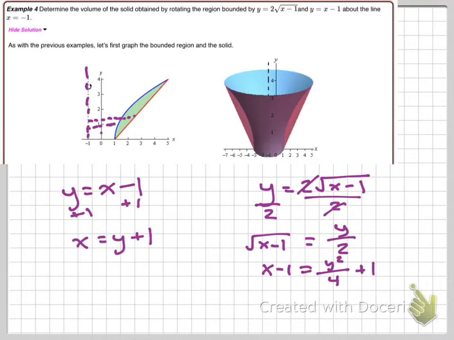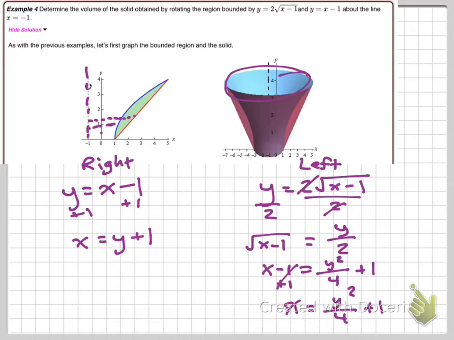Plus 1 to both sides. That's just going to cancel there. So x equals y squared over 4 plus 1. So this would be my right equation. Then I'll subtract my left one from my right one. It's going to give me this function looking here where I'm rotating it about this axis, x equals negative 1.